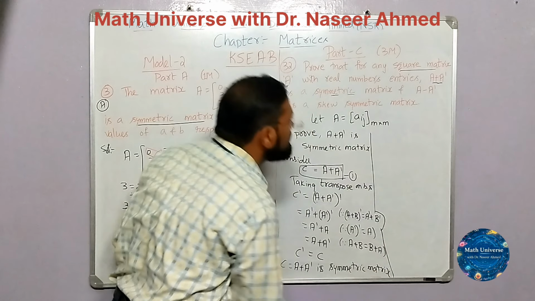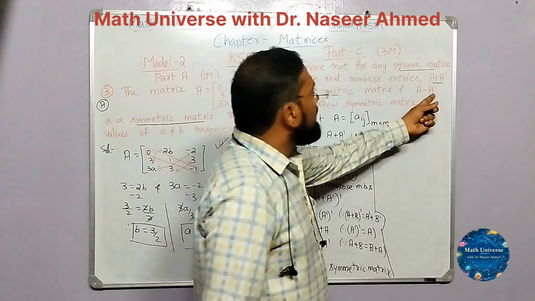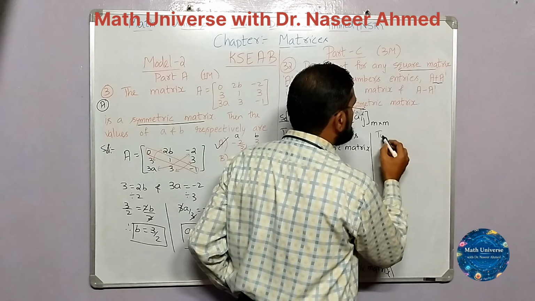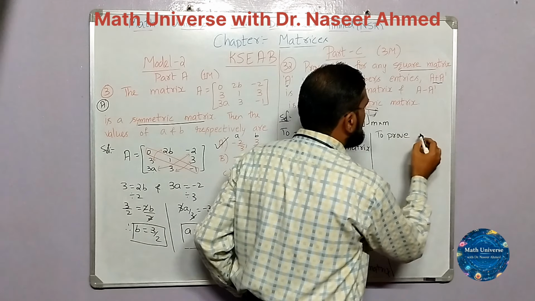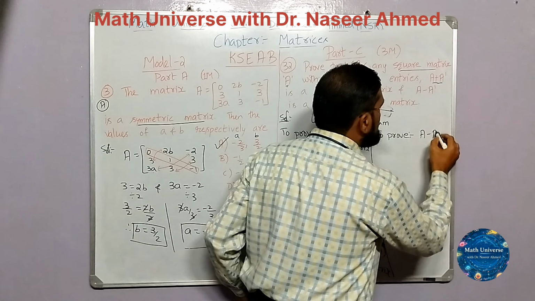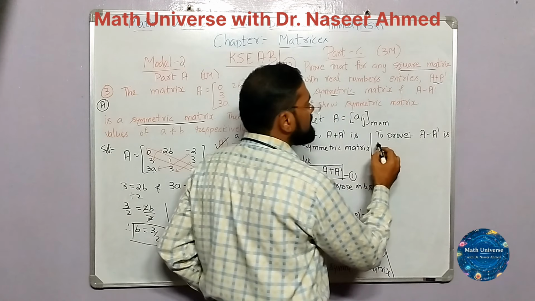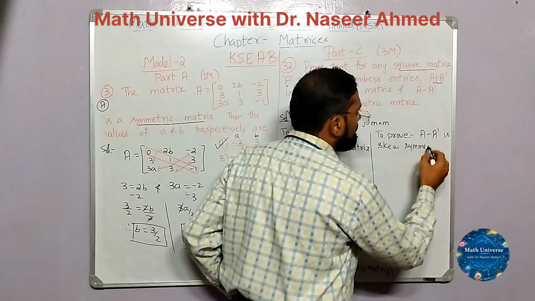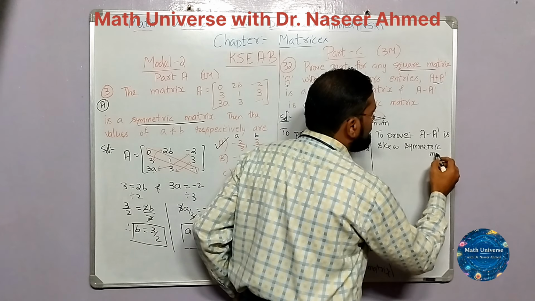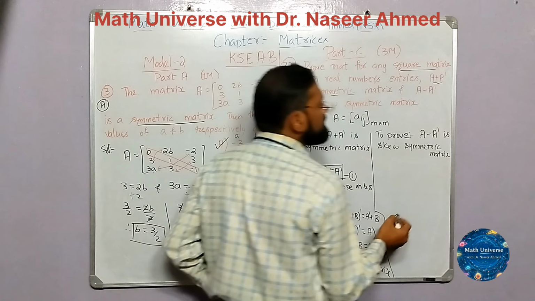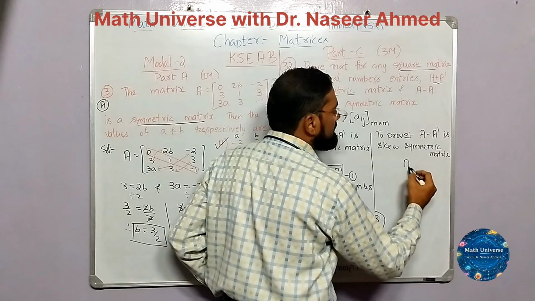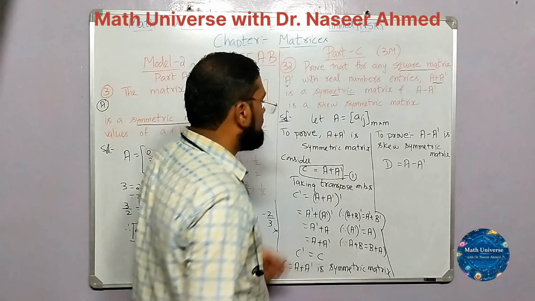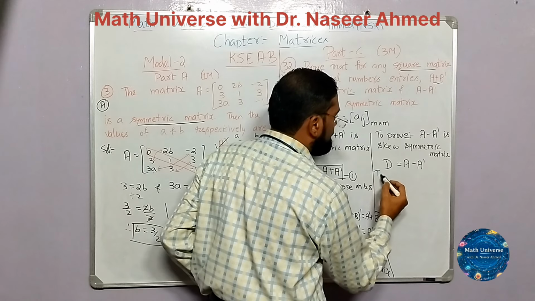Now let us move on to the next part. A minus A transpose is a skew symmetric matrix. So to prove that A minus A transpose is a skew symmetric matrix, let us consider this one as some other matrix D, and again for this I will be taking transpose on both the sides.